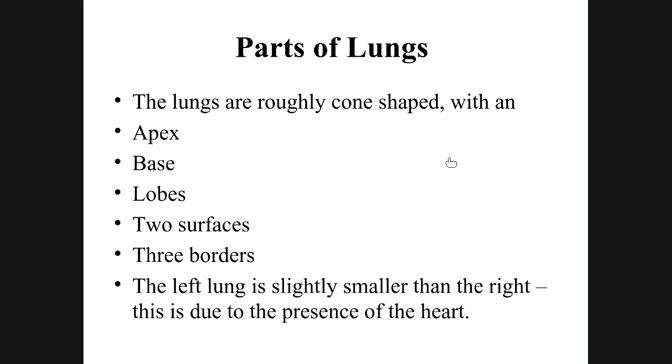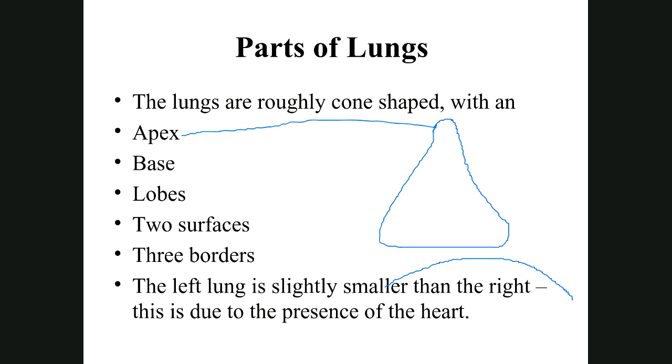Here, if we draw, I will show you how these structures are. Okay. This is the apex of the lung. Okay. This is the base of the lungs here, and then we have lobes.